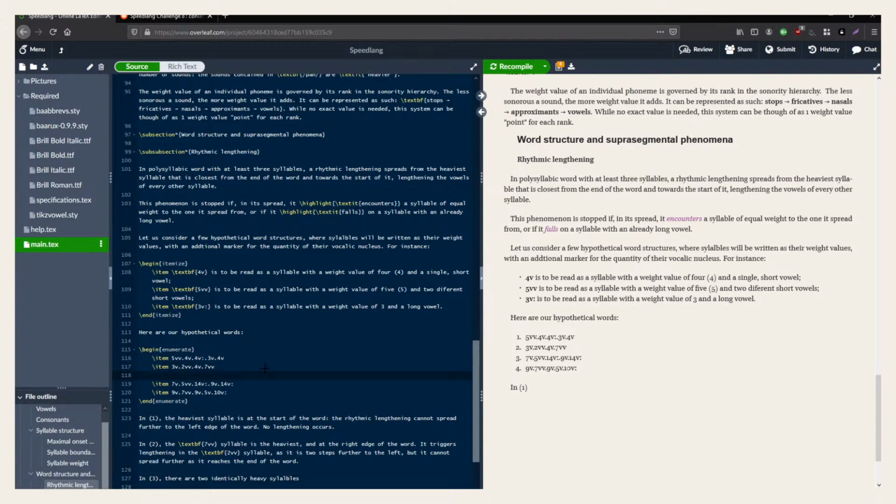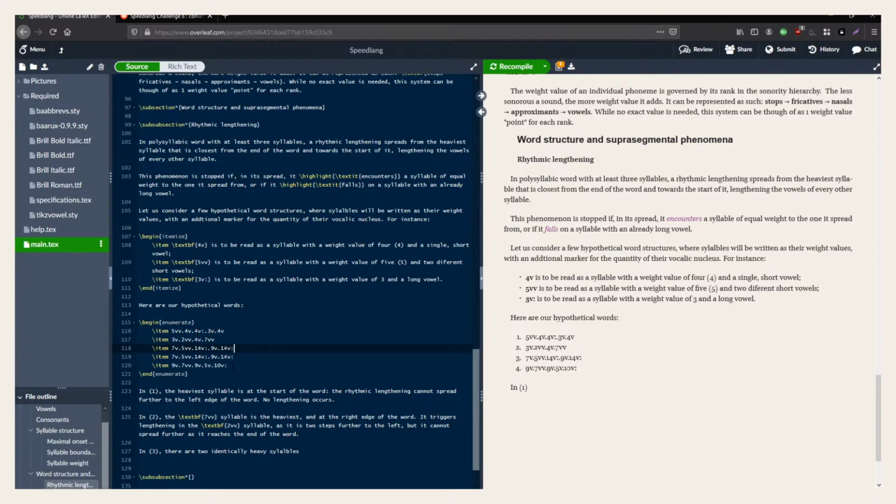Actually, I'm going to insert another example, which is going to be almost identical to this one. But what did I want to change? I lost that one. I think I just wanted to do this.